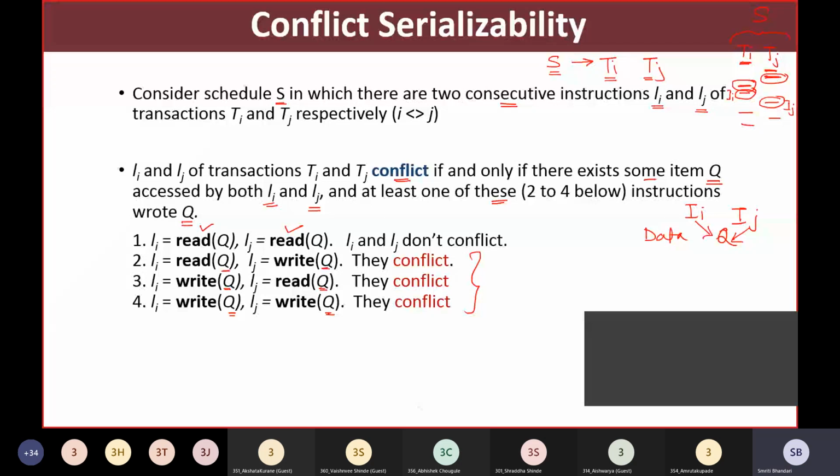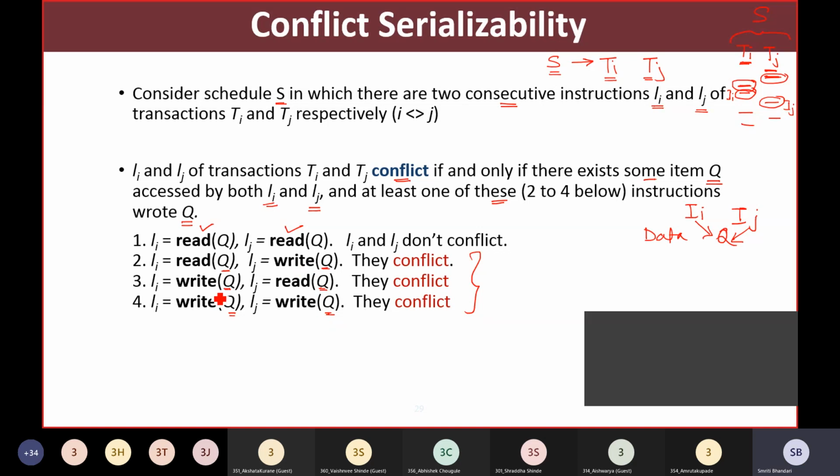In this situation, if both II and IJ are accessing the same data element Q, then there is a conflict if one of the instructions is writing that data element.